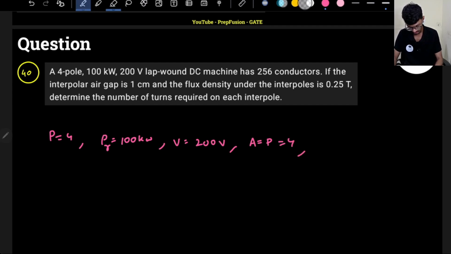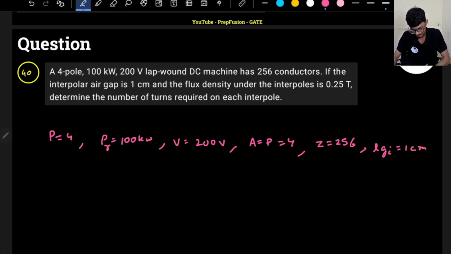It has 256 conductors. If the interpolar air gap is 1 centimeter, and the flux density under the poles Bt is 0.25 Tesla, determine the number of turns required in each interpole.